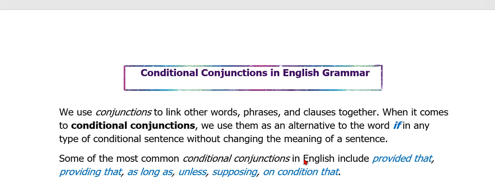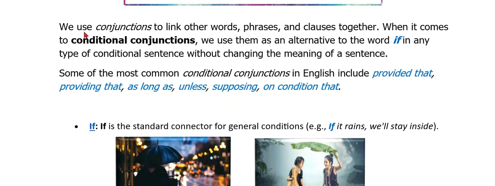In this video, I'm going to teach you how to use different conditional conjunctions in English grammar, conjunctions that we can use in conditional sentences. We use conjunctions to link other words, phrases, and clauses together. When it comes to conditional conjunctions, we use them as an alternative to the word if.